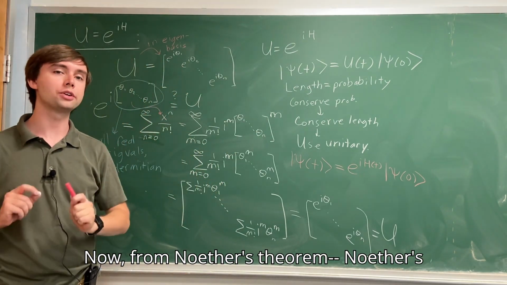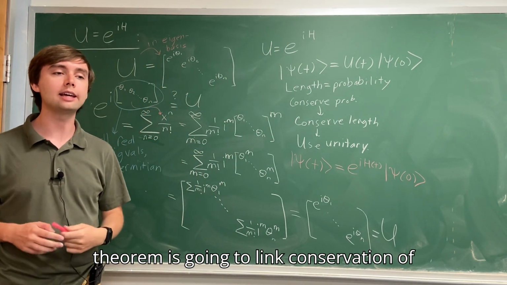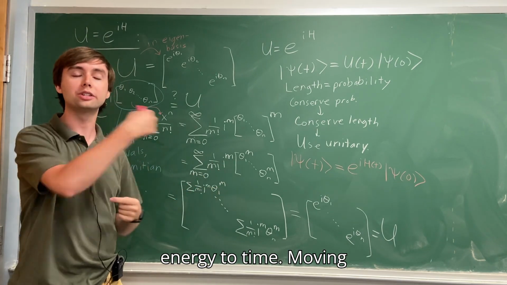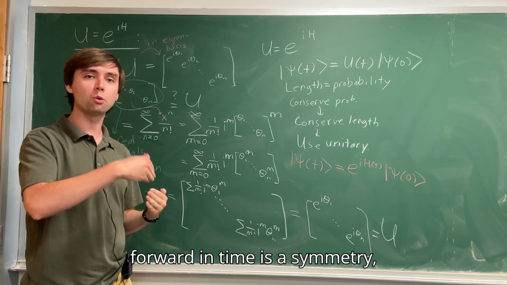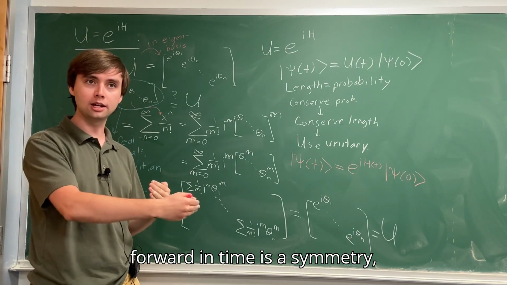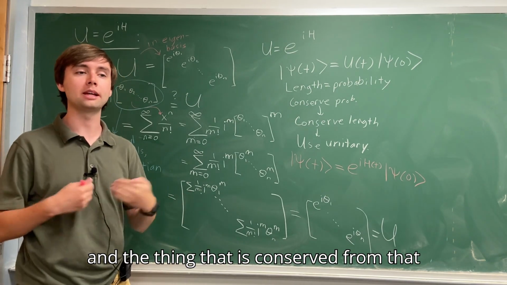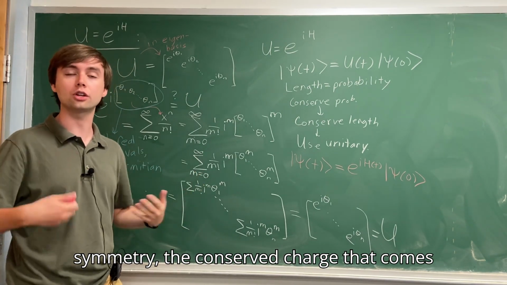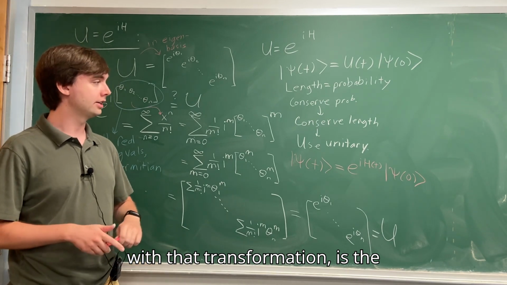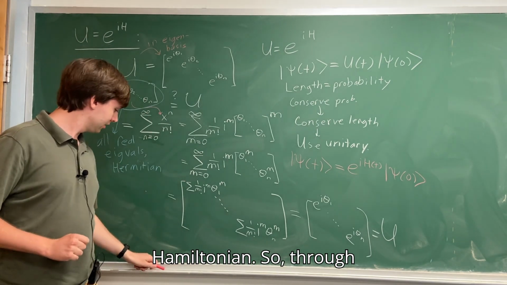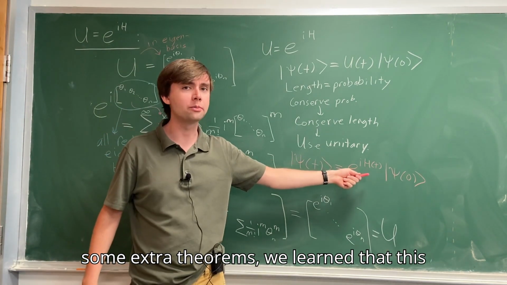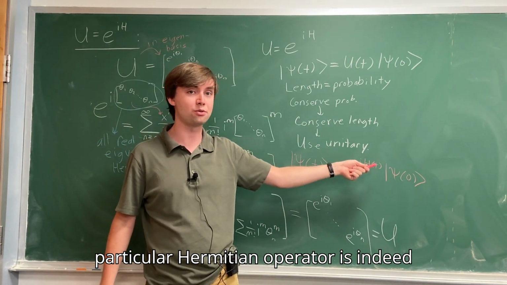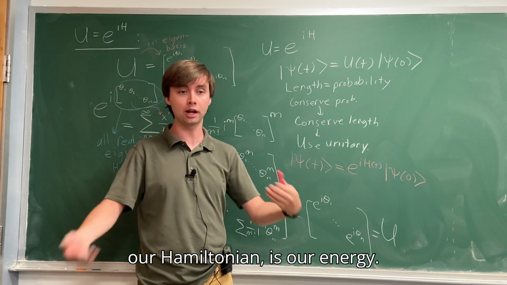Now, Noether's theorem is going to link conservation of energy to time. Moving forward in time is a symmetry, and the thing that is conserved from that symmetry, the conserved charge that comes with that transformation, is the Hamiltonian. So, through some extra theorems, we learned that this particular Hermitian operator is indeed our Hamiltonian, is our energy.